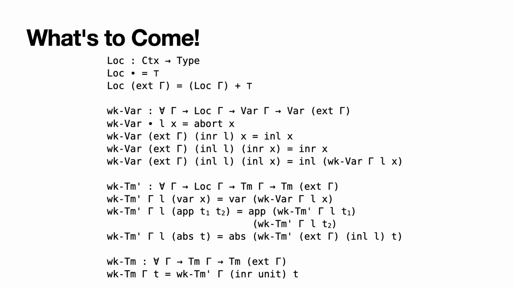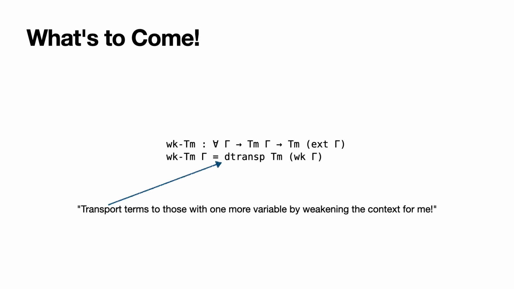And when we do this, it'll transform this large chunk of code that is not done without using directed type theory and take advantage of directed type theory to translate it into this single line. And what this line says is just asking the type checker to transport terms to those with one more variable in scope by weakening the context.